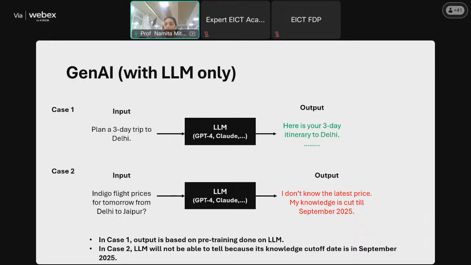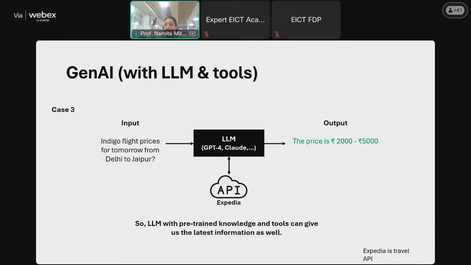Right. Now, what happens in case 3 also in generative AI? Input is Indigo flight prices for tomorrow from Delhi to Jaipur. And it is a kind of prediction. It's not exact, it's kind of a prediction on the basis of the past data.